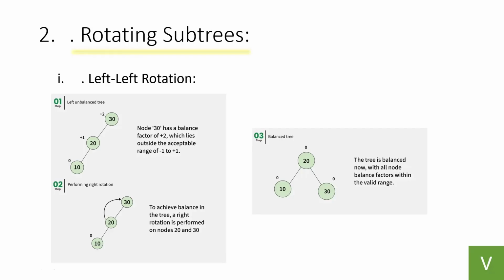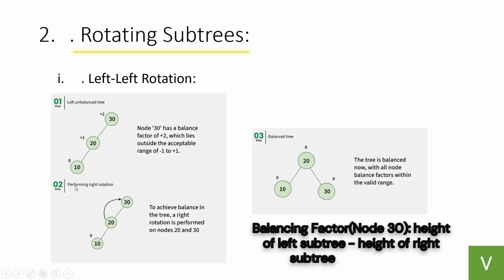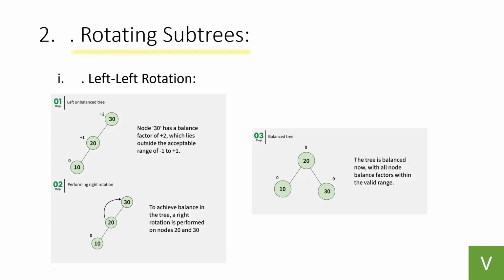Now we will check the balancing factor for the node 30. So the height of left subtree is 2, minus height of right subtree, which is 0. 2 minus 0, which equals 2, which is not a valid balancing factor.